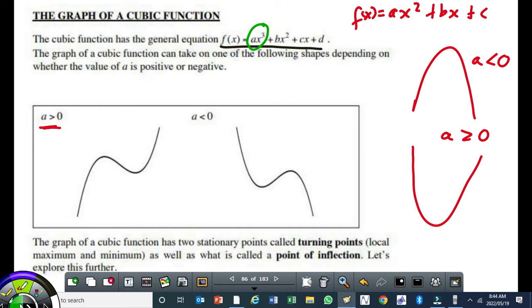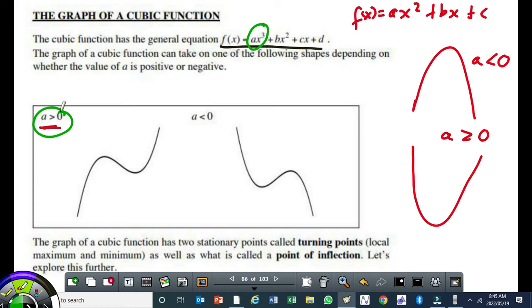The way that I memorize it, pay attention. For the cubic graph, if a is positive, you start with a maximum. For the quadratic, you have a minimum. So for the quadratic graph, a is positive, you have a minimum, but for the cubic, you start with a maximum.